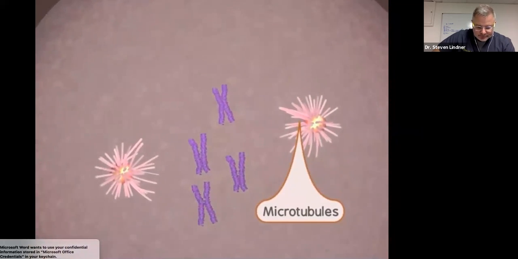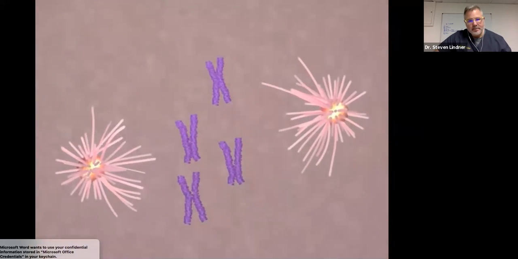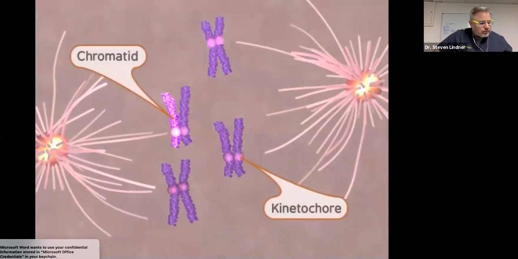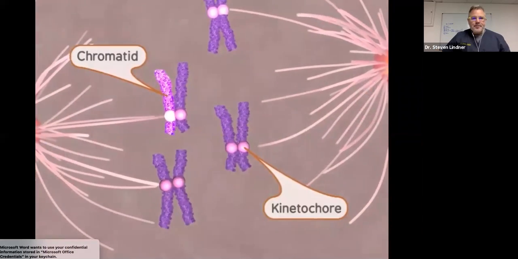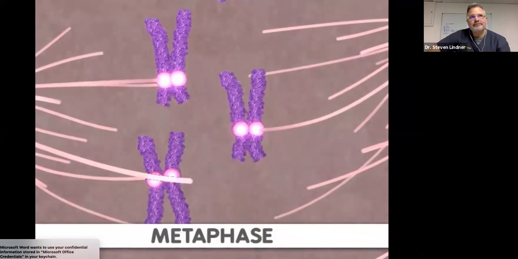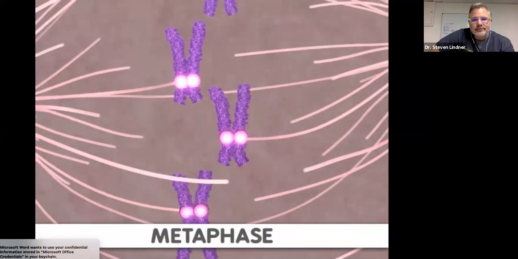Microtubules. These strands attach to a protein structure called the kinetochore. One kinetochore is attached to the centromere of each sister chromatid. Next comes metaphase. During this stage, the sister chromatids align along the center of the cell so that both chromatids face toward opposite poles of the cell.